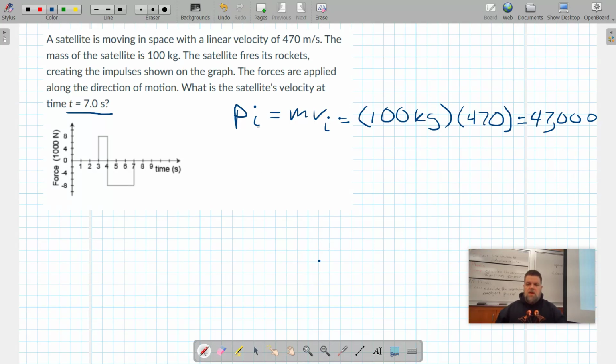So also remember that your initial momentum, this is the momentum initially. And then it says the satellite fires rockets, and it has these impulses. So we can increase the momentum. So what is this? Well, the force looks like it's 8,000 newtons, right?